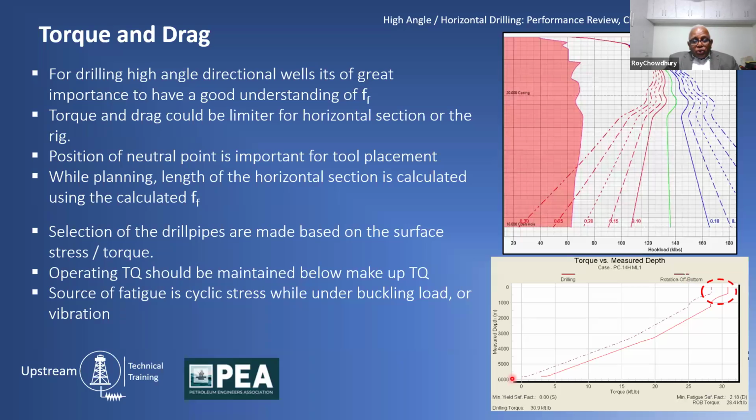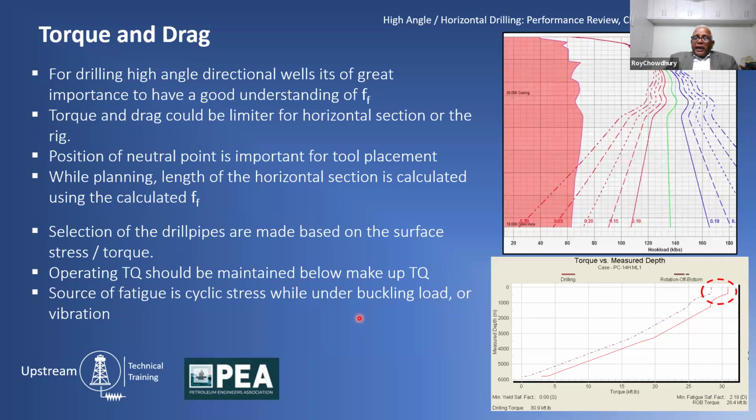So you go with a bottom-down approach and you come up with a friction factor, neutral point, as well as the surface torque in all conditions, like during running in, what would be the hook load, during tripping in, what would be the drag. So all that information would be available.